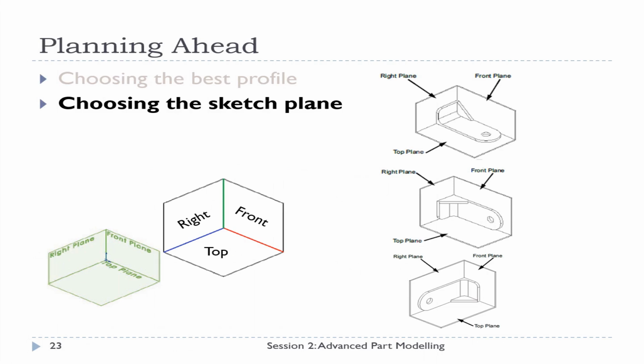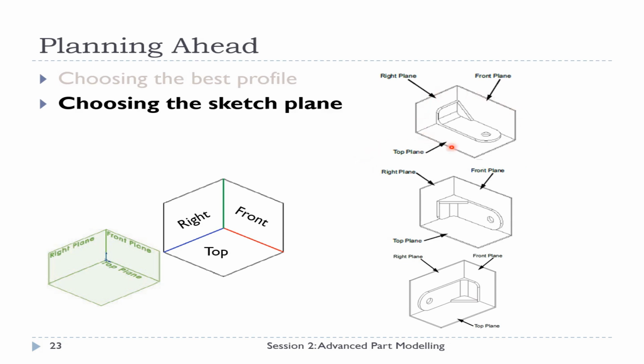After choosing the best profile, the next step is to choose the sketch plane. As we said earlier, we have three main sketch planes in every part. So we have front plane, top plane, and right plane. So it would make a difference at the end result of your part which sketch plane you start sketching from as your first sketch.